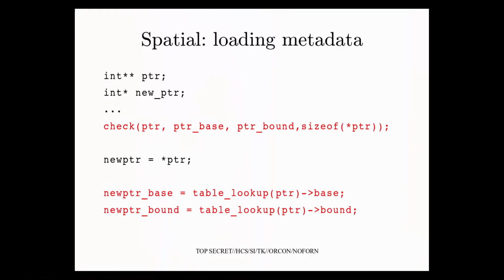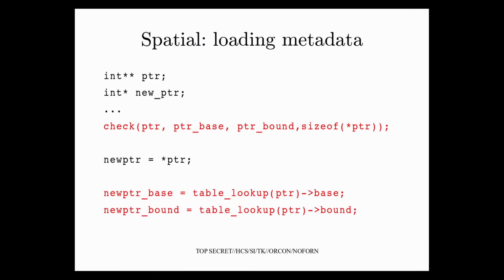As opposed to the other fat pointer implementations, SoftBound CETS uses a shadow space, a data structure that keeps the copies around. Essentially, it does a table lookup based on the pointer and returns the base and bound address. There's something tricky here that you might not see immediately. We do not use the pointer value for the lookup of the base and the bound.